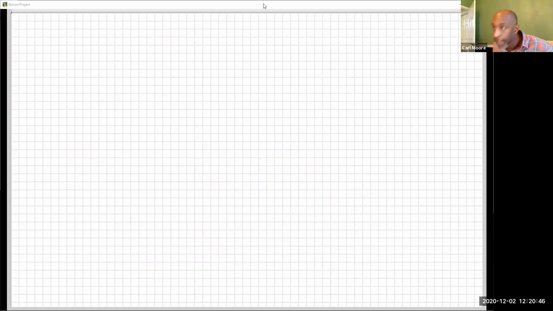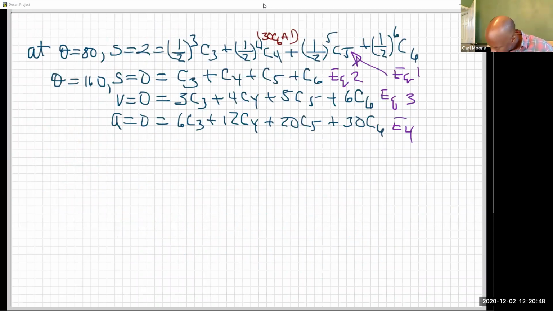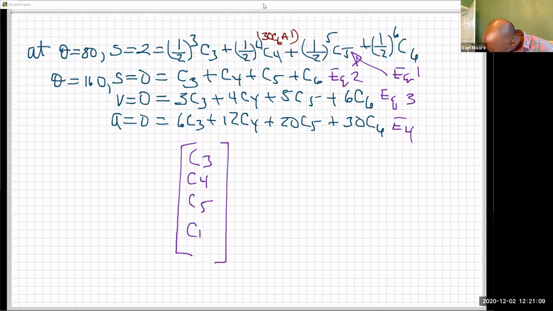Let's put them in matrix form. What we have here is a matrix, and the vector is C3, C4, C5, C6.